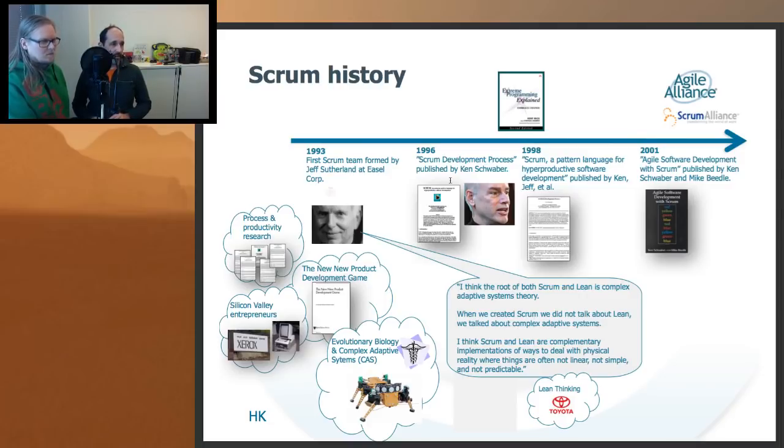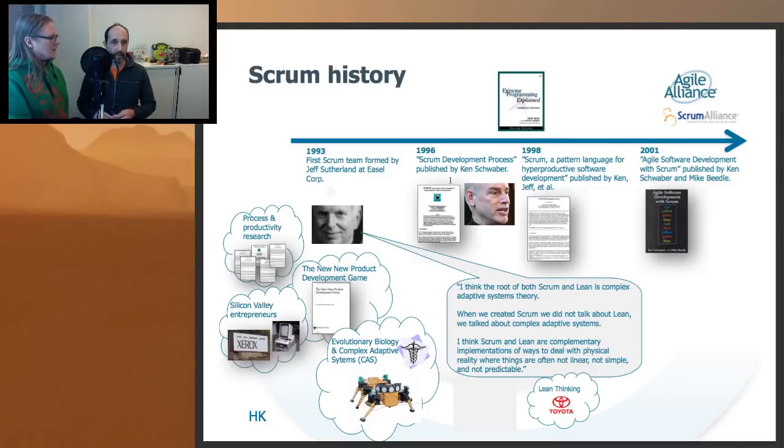We'll get back to these issues, but if you think of 5-7 developers working with something totally uncertain and very nonlinear, not simple, not predictable, that's a complex adaptive system. And there has been science on how these kinds of systems should be addressed. So Sutherland basically used scientific theories to build the Scrum methodology.